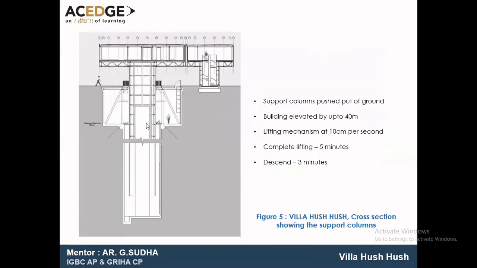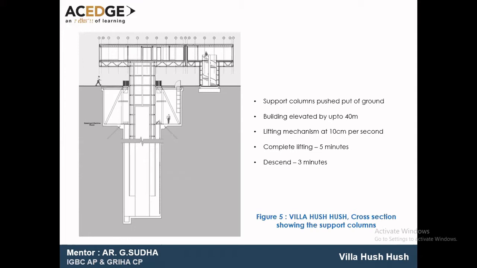So the entire structure can be lifted up by using these support columns, and the lifting mechanism has been designed by engineers Atelier 1, where the support columns can be pushed out of the ground and the parts of the building can be elevated by up to 40 meters. This lifting mechanism has been designed in such a way that the lifting takes place at 10 centimeters per second speed, and the movement is gentle and steady.